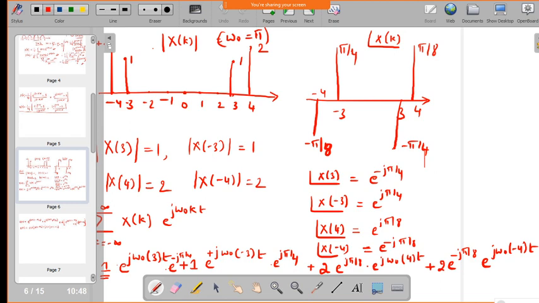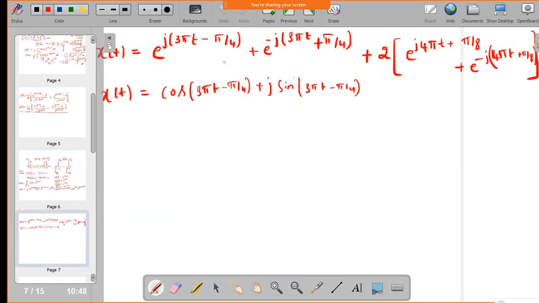If you take the common factor, it will give 3 pi t minus pi by 4. So here it is actually minus pi by 4. Writing this also, you will get cos of 3 pi t minus pi by 4 minus j sin of 3 pi t minus pi by 4.